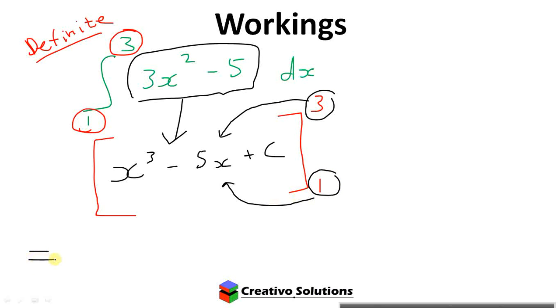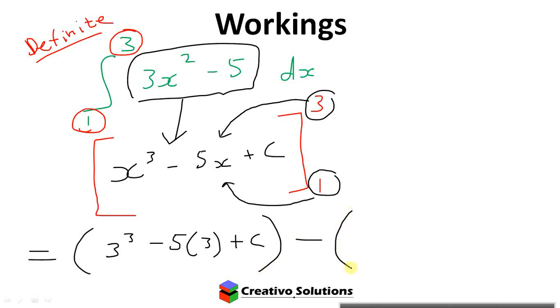So all of that square bracket with the 1 to the 3 is going to equal, open brackets, 3 to the 3 minus 5 times 3 plus c, close that bracket, minus, open another bracket, 1 to the 3 minus 5 times 1 plus c.